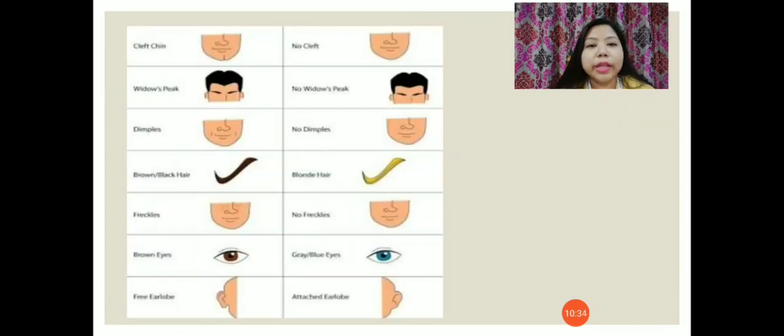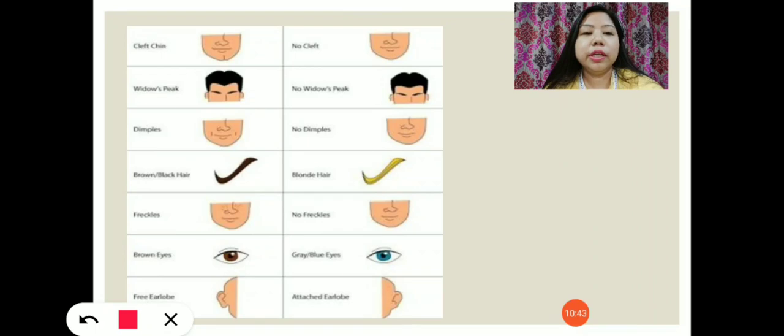Now look at these characteristics. Here is a list of characteristics found in humans. Here the chin is cleft, but there the chin has no cleft. That means the chin may have a cleft or it may not. Similarly, the way the hair grows is different.